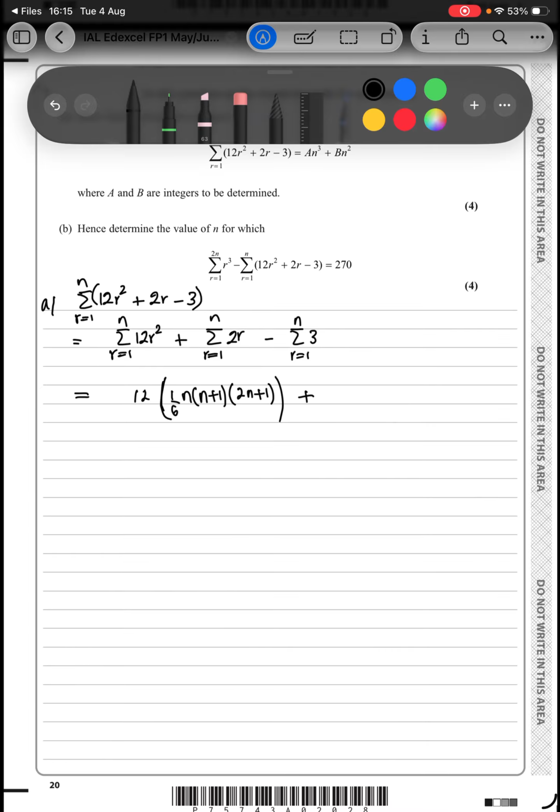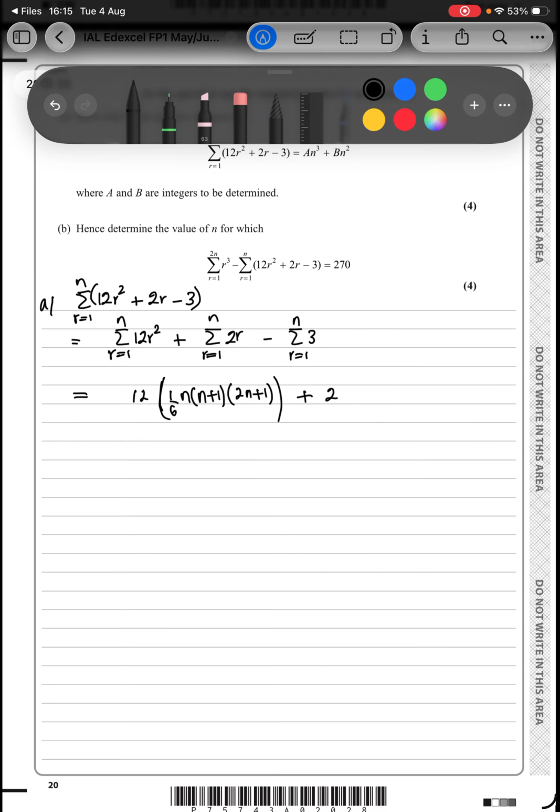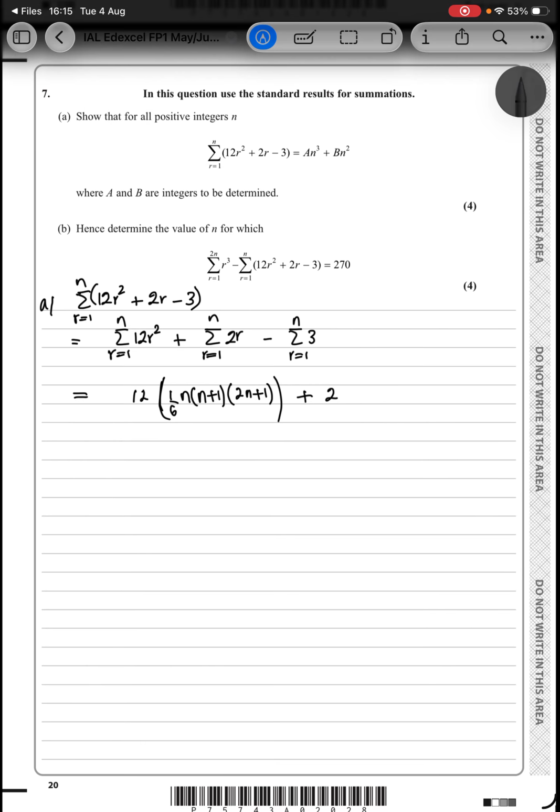Plus 2 times the summation of the first n natural numbers, which is the summation of r, but that's not given in the formula booklet, but we have to know it, which is half n times n plus 1. So 2 times summation of r, which is half times n plus 1, minus, now we have minus 3 only, a constant number.